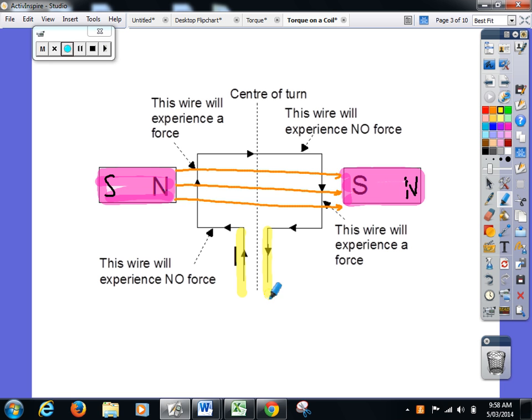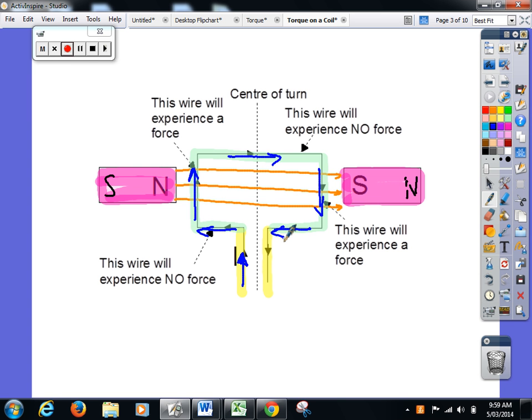So the rectangle itself is this shape just here. And when you look at the direction that current flows in here, we'll just make sure current goes in this wire, so we're going to have current in that direction. It will flow this way. It'll flow that way because it's a closed loop. It flows this way, and that way.